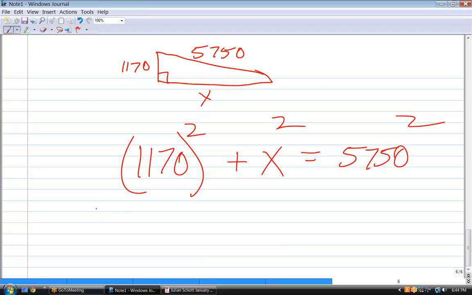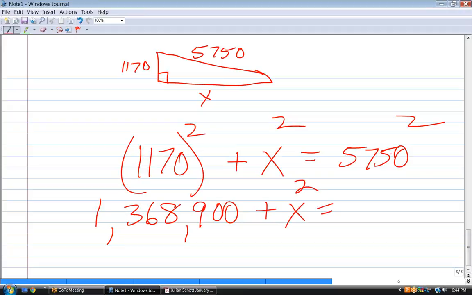So what's the answer? 1,368,900. Notice that just knowing that 1,000 squared is a million tells you whether this is 136,000 or 1,368,000.